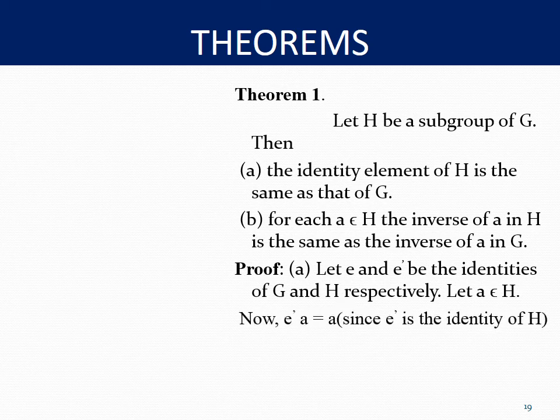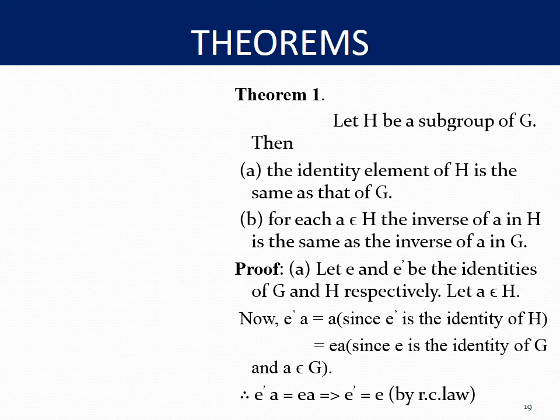Let a belong to H. Now e'a equals a, since e' is the identity of H. Again, a can be written as ea, because e is the identity of G and a belongs to G. Therefore e'a equals ea. Since a appears on the right side of both, cancelling it, e' equals e.